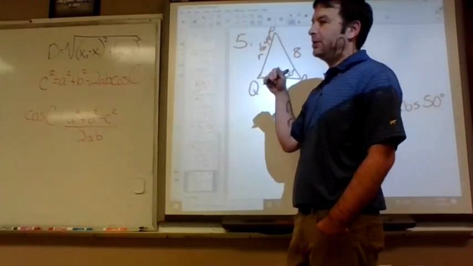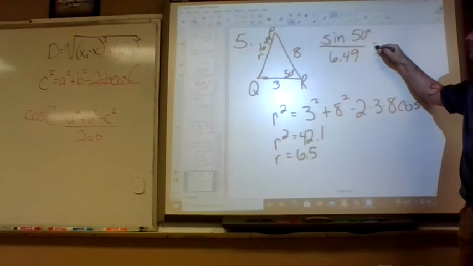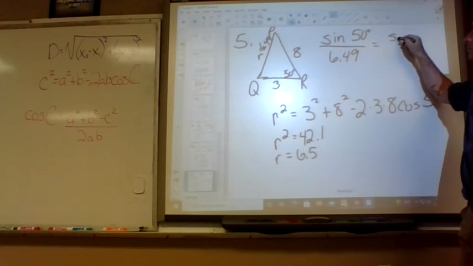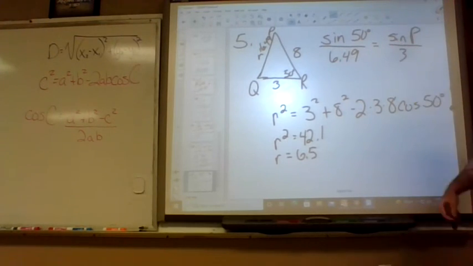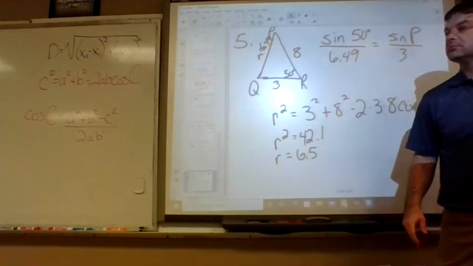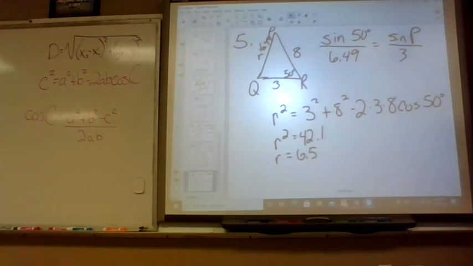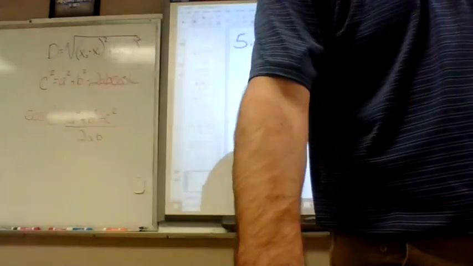Oh, I see what I did. I see some flaw in logic. It's still sine inverse, right? Oh crap. Instead of putting the angle, I put the side where the angle was. Well, that wasn't fun. Oh, come on, we were just starting to get going. I got a math error again.